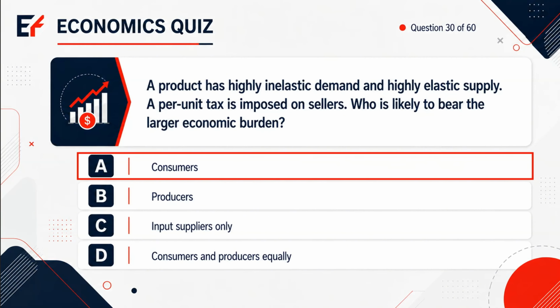Option A is correct because consumers are the less price-responsive side. Option B is wrong because producers are more flexible in this case. Option C is too narrow because the tax burden is being considered between buyers and sellers in the product market. Option D is not correct because equal burden would require similar elasticities on both sides. Remember, the less elastic side carries more of the tax burden.